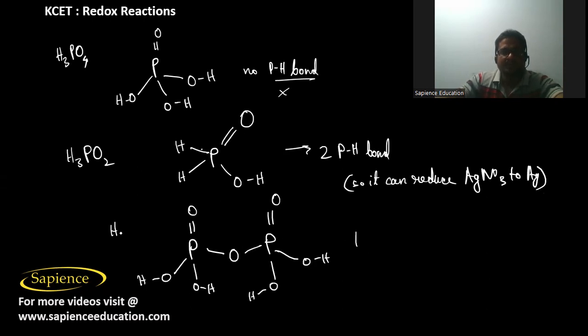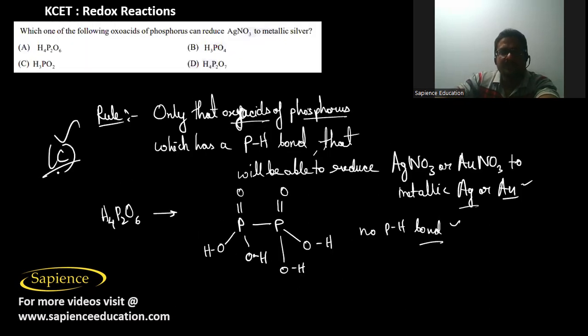So it is the structure of H4P2O7. So here also we have no P-H bond. So here also it can't reduce AgNO3 to silver. So H3PO2 can reduce. So option C is the correct answer.